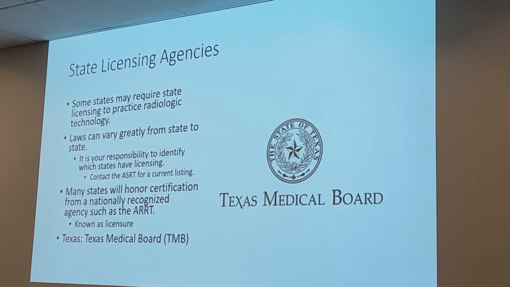For example, in Texas, you are required to have a state license along with your ARRT certification. So, for me, I am licensed with the Texas Medical Board, the TMB.